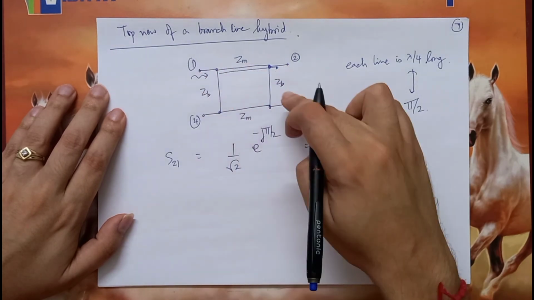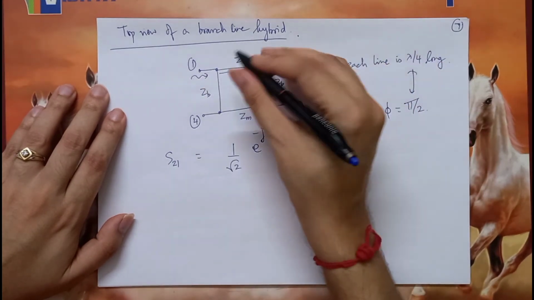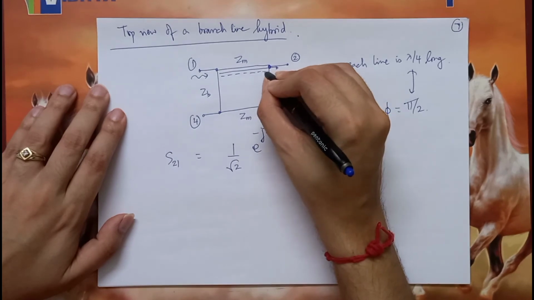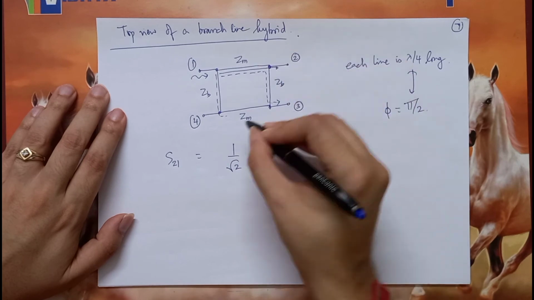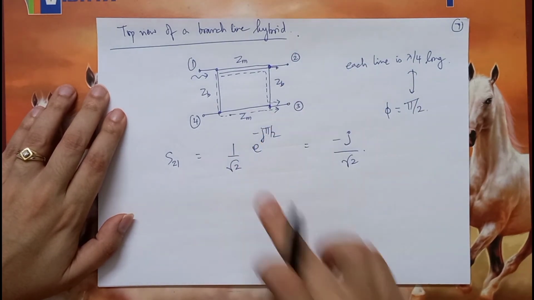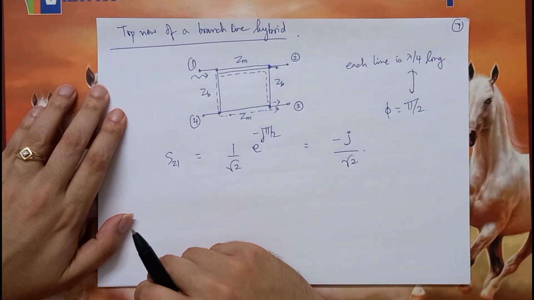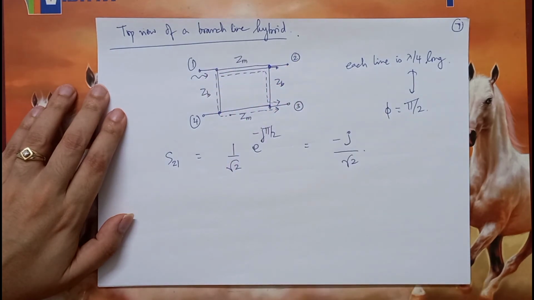Now what about going from port 1 to port 3? While going from port 1 to port 3, there are two paths it can take. One path is from here, this way. The other path is this way. So both are equally possible. Irrespective of whichever path it takes, it has to undergo two lines each of length lambda by 4.